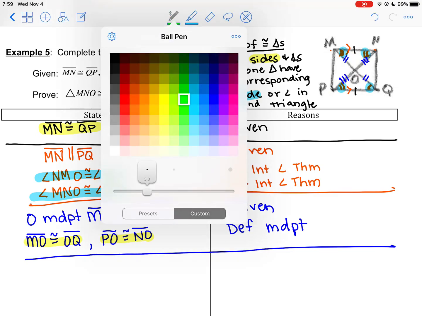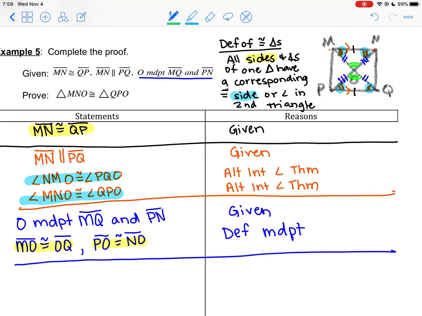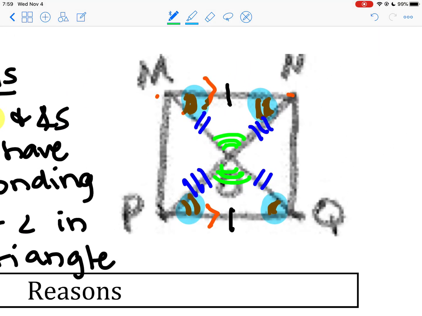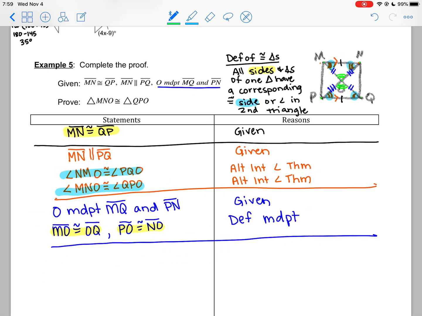Based on the diagram, I have enough information to say that these angles are going to be congruent, but I have to know what kind of pair they are. The angles I'm talking about are MON and POQ. Those are going to be congruent just based on how they're placed in the diagram.